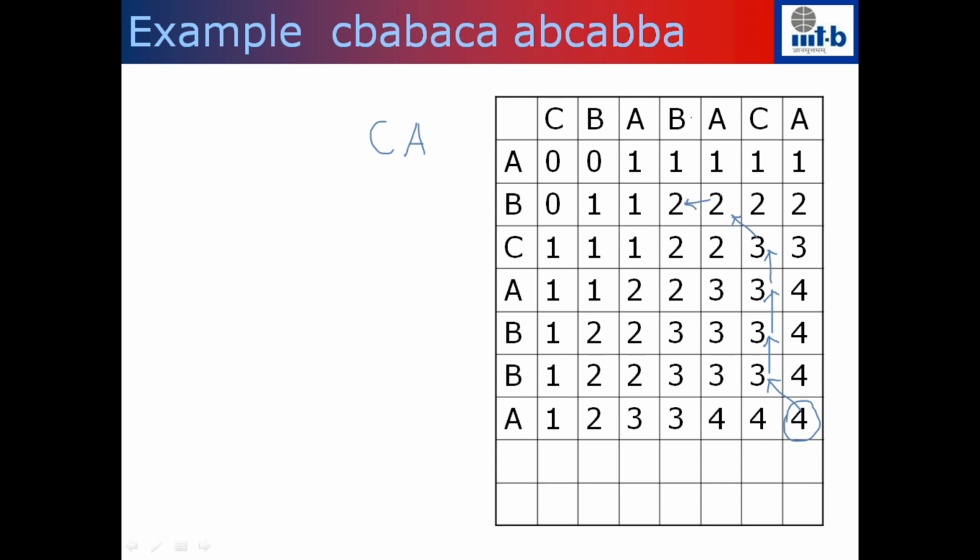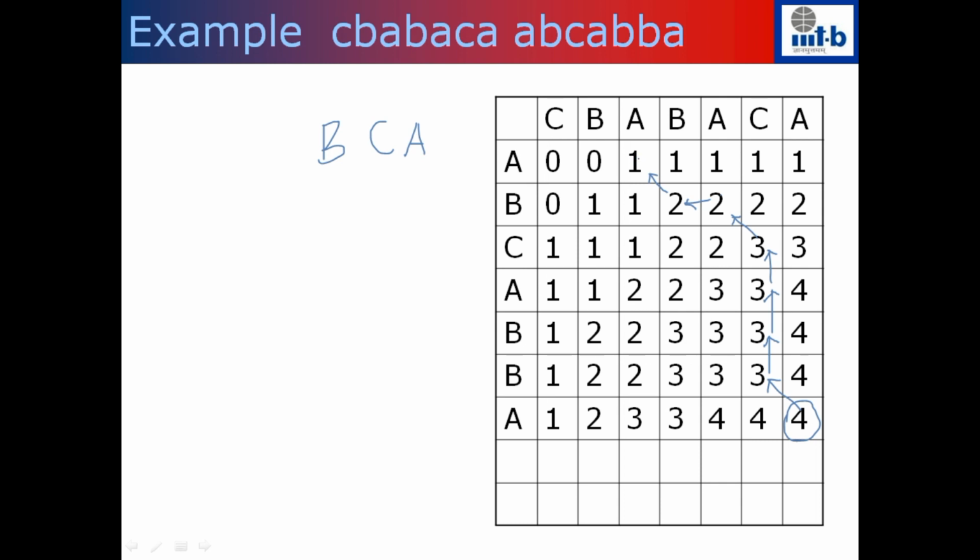So now b and b are same, so I record that b is part of the longest common subsequence and move up diagonally. Moving up diagonally essentially means that I am decrementing both i and j. If I had to go to the left, I had to just decrement j. If I had to go up, I have to decrement the value of i. When I reach the first place, I check whether this is equal to 0.